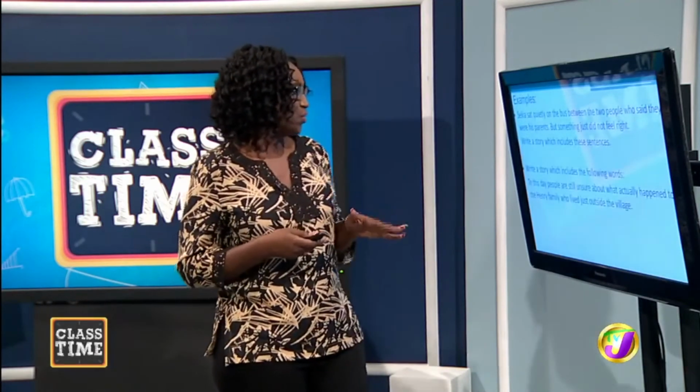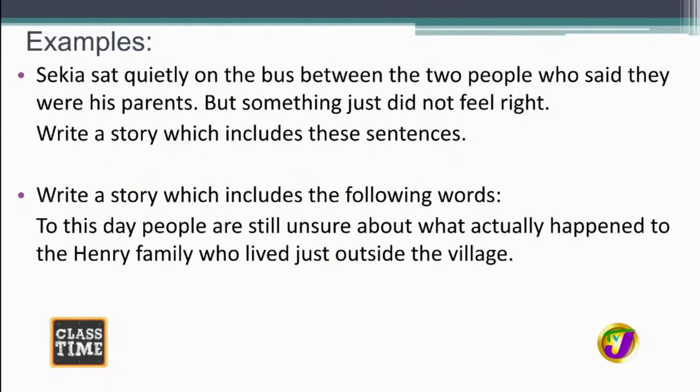So here's another one now. Write a story which includes the following words. To this day, people are still unsure about what actually happened to the Henry family who lived just outside the village. Right there, we know that is some mystery. So at that point, your story needs to somehow tie into this mystery.